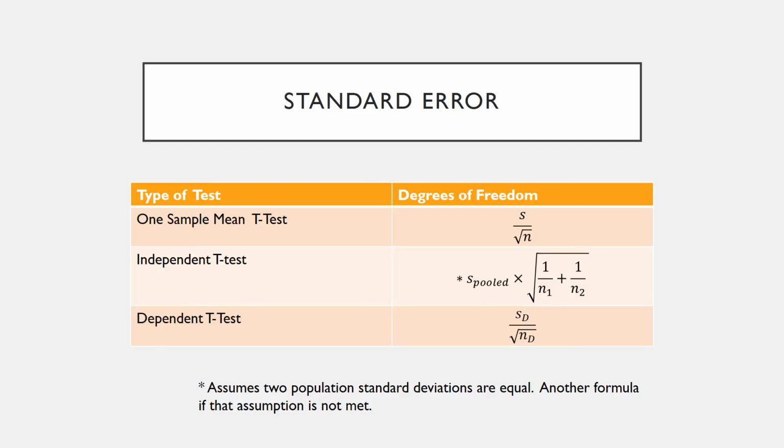So we have the standard deviation of difference scores divided by the square root of the number of pairs. And for the independent t-test, we're assuming that the two population standard deviations are equal. If you don't want to assume that, you'd have to use another formula and different degrees of freedom, and I don't go over that in this class, but that's just a note about it.